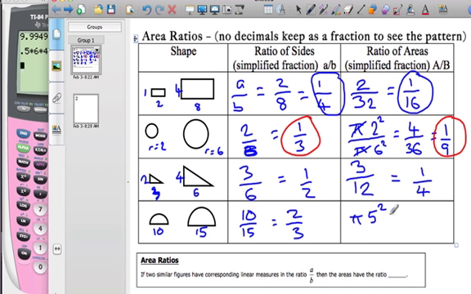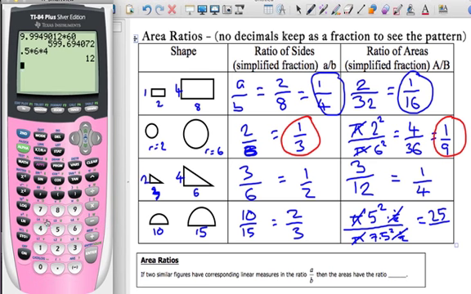Okay, or instead of divided by 2, let's do times a half. Okay, and then on the bottom, we've got pi times the radius squared times a half. Can do a little bit of cancelling. I can cancel the pi's, and actually I can cancel the halves. Get the same ratio.